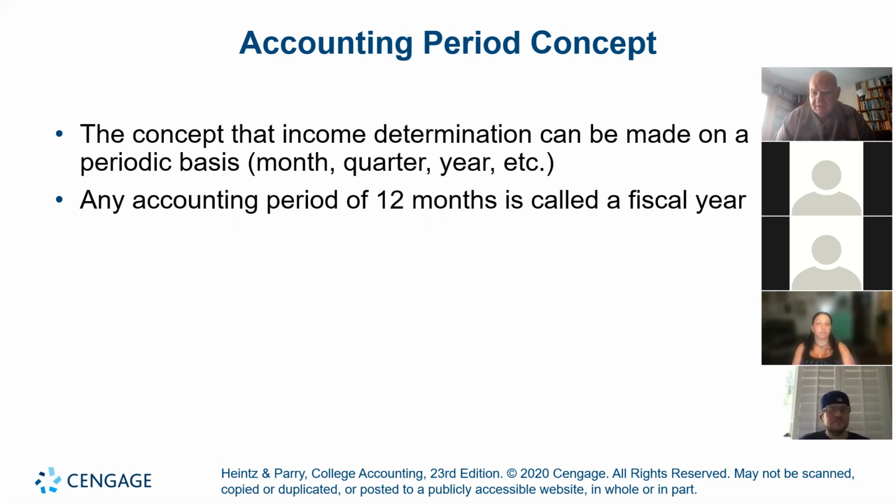I've never once used that in a sentence other than studying. It simply means the concept that a business is an ongoing concern. It's like a shark, it just keeps going through the water. But every month or so, you can analyze what happened in a particular month. You can break the business down into a period of a year, if you wanted to analyze a year, or a quarter, or a month, the period concept.